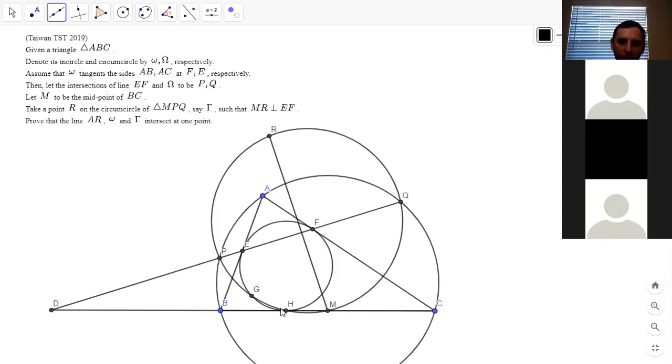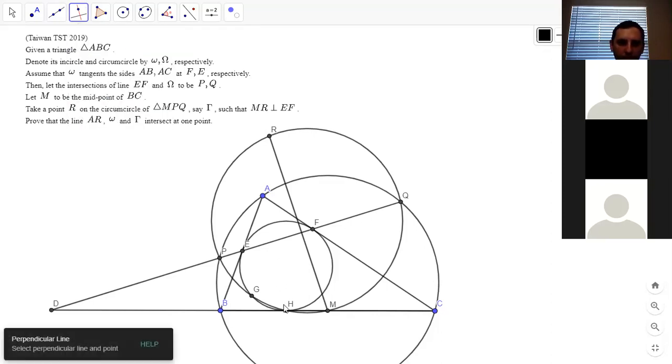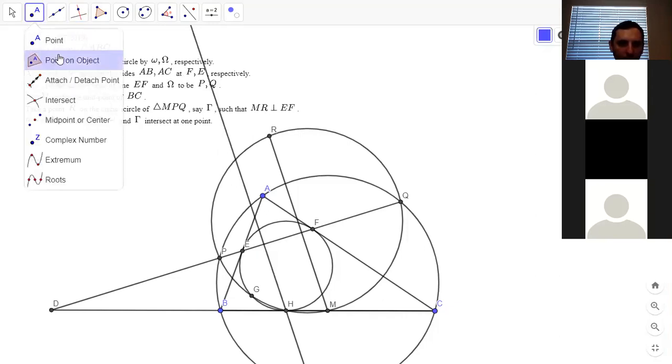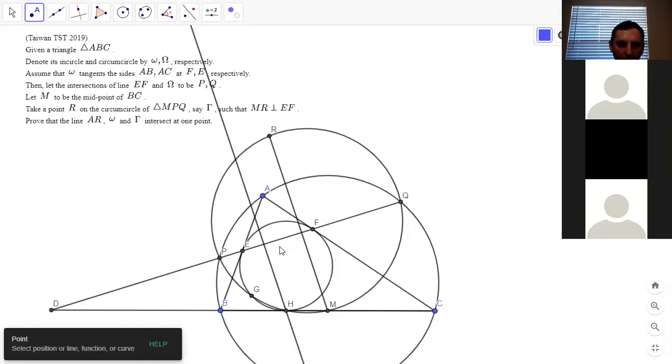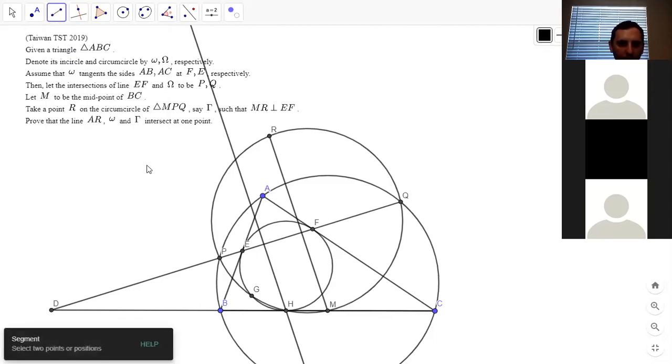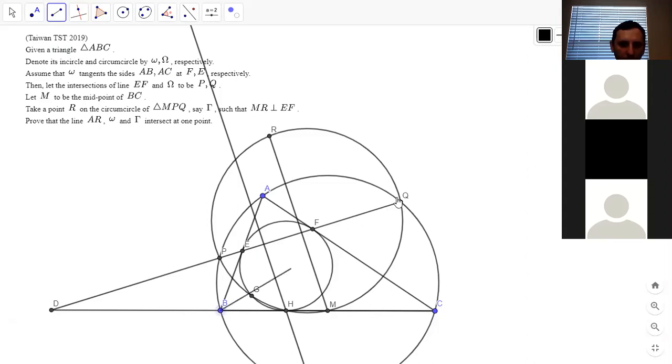I wonder if it's worth dropping the perpendicular from H to EF, because that would be the Sharkey-Devil point, and maybe it lies on that line. I don't think it lies on that line. Or B, G, and Q collinear? No, there's no way. Because if B, G, and Q were collinear, then P, G, and C would have to be collinear by the same argument.